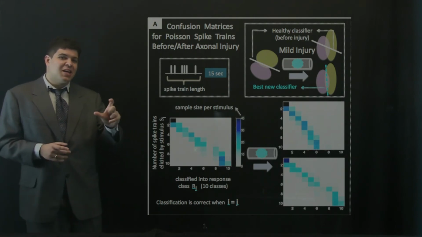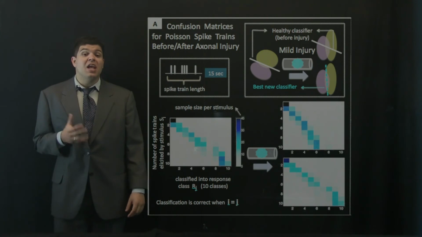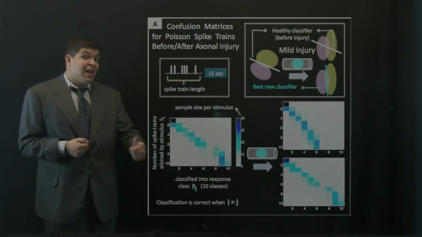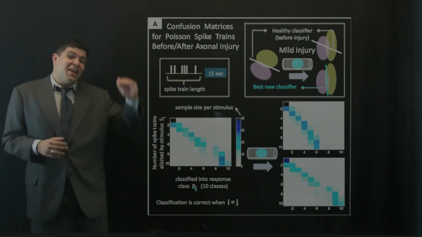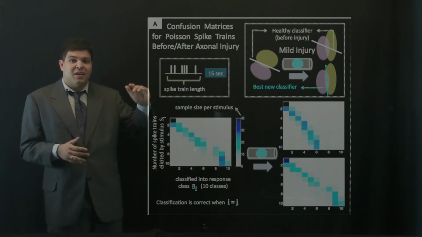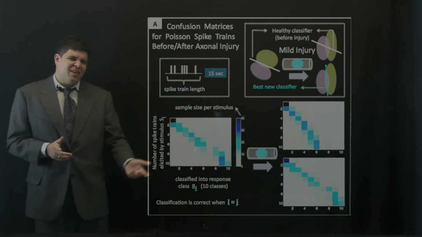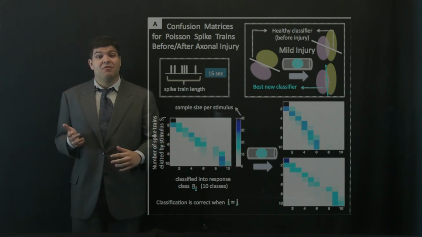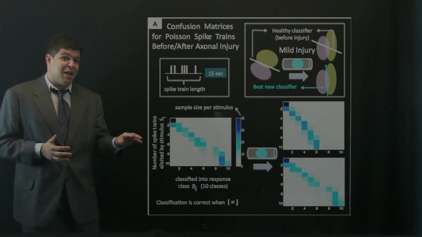So they might get confused with their closest neighbors. If it happens to be a realization with more spikes, then it can be confused as belonging to a class of a firing rate above. If it's a realization with a little bit fewer spikes than average, then it might be confused as a spike train from a class below.